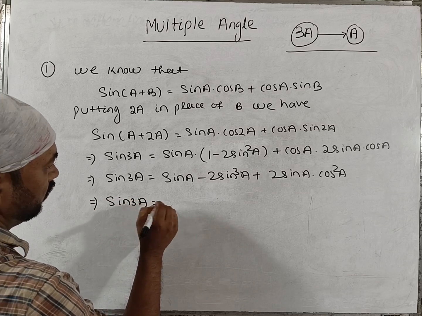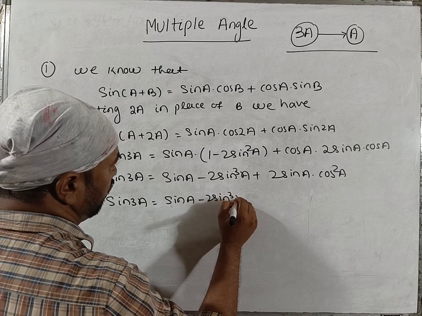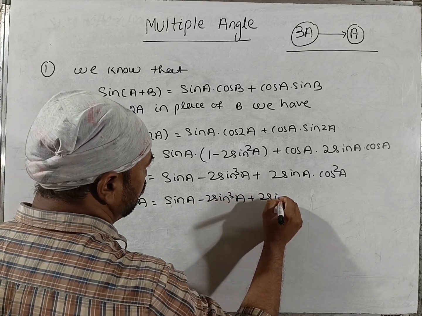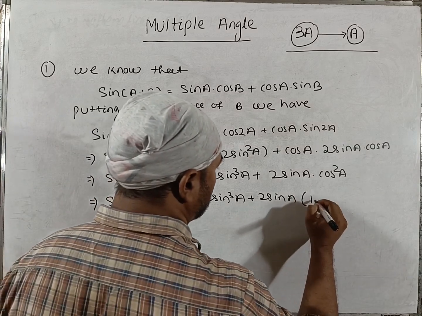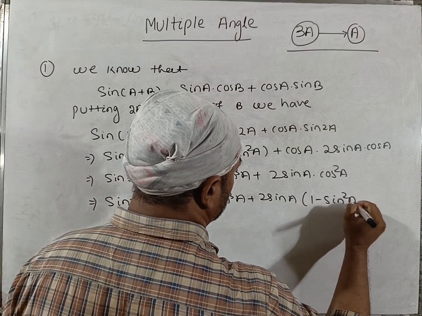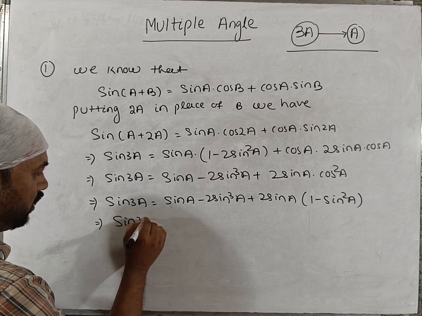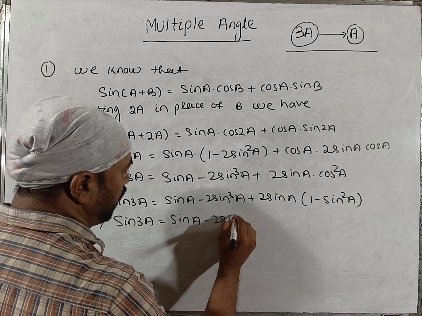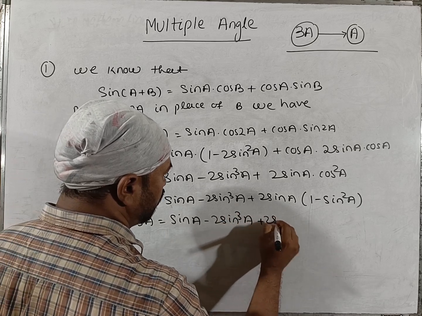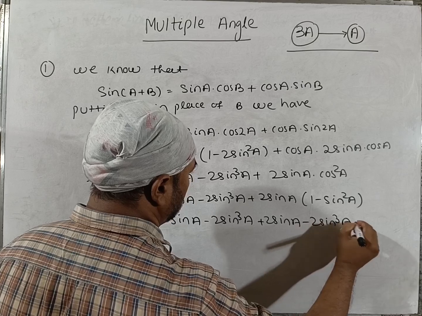So sin 3a is equal to sin a minus 2 sin cube a plus 2 sin a. In place of cos square a, we have to put 1 minus sin square a. Sin 3a is equal to sin a minus 2 sin cube a plus 2 sin a minus 2 sin cube a.